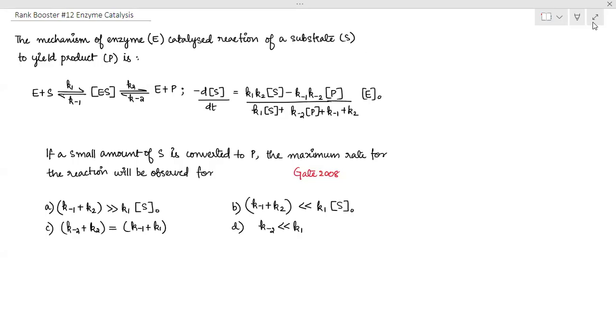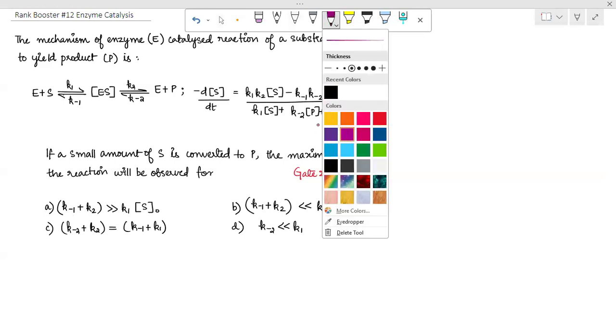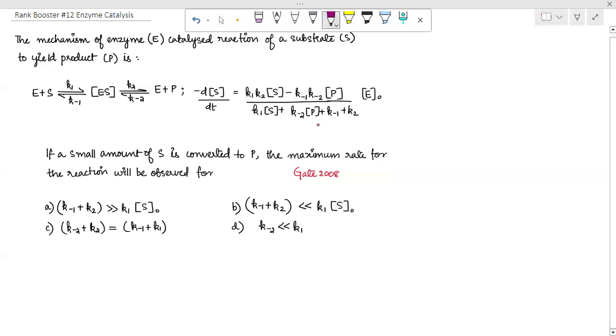So they have given some enzyme catalyzed reaction and corresponding to which they have given the rate of disappearance of the substrate, right? So this is the rate of disappearance of the substrate that they have given.